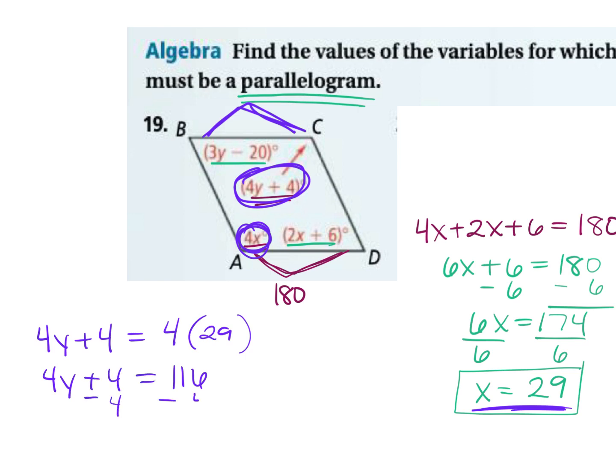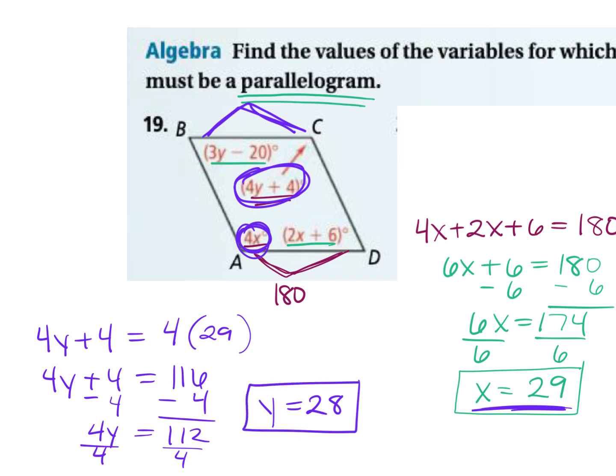You take away that 4 and then divide. 112 divided by 4, so your y value should be 28. Does that make sense? You can either set them equal or add them together and set them equal to 180.